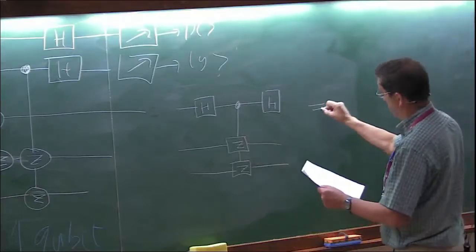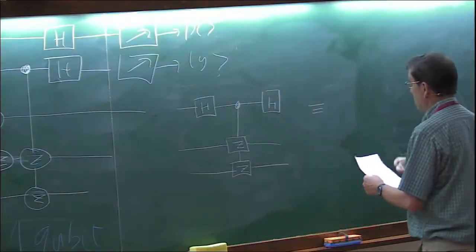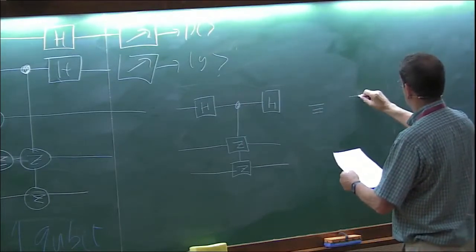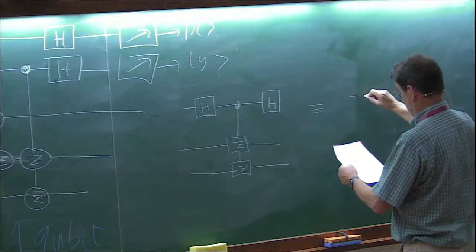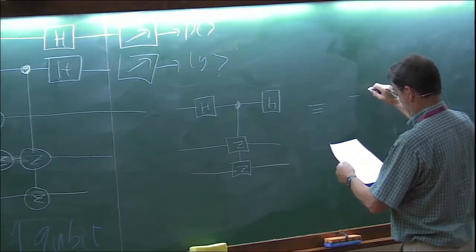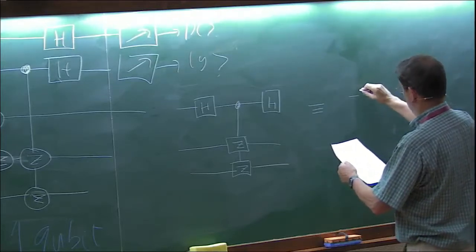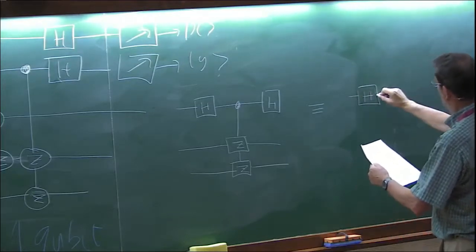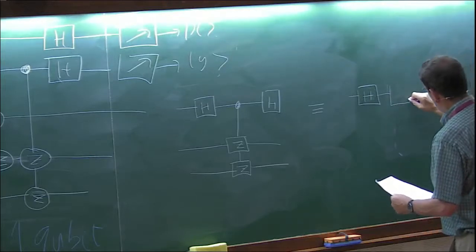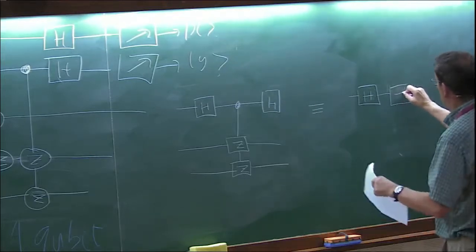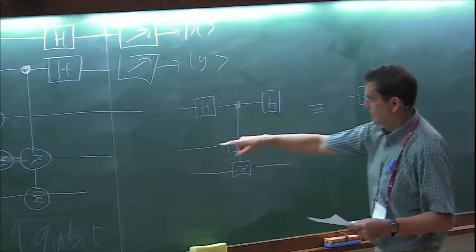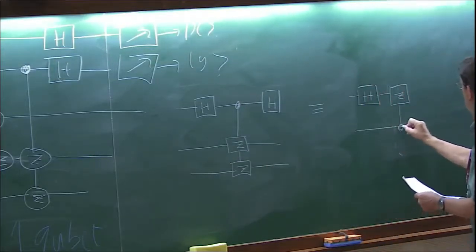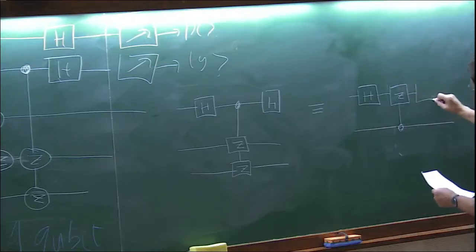So that's equivalent to putting a Z, we still have the H, but now the target qubit is the ancilla, and since it's coupled to 2 of the other qubits, we're going to need 2 of these.